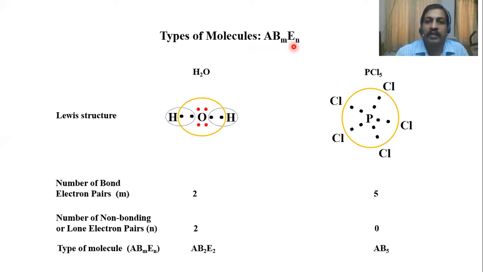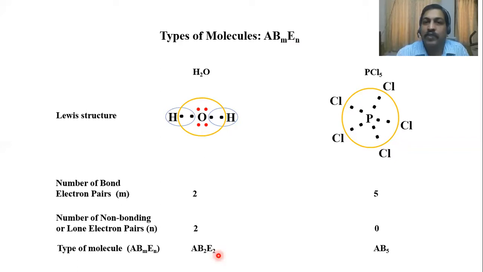In the case of the water molecule, we saw that there are two bond electron pairs and two lone electron pairs on the oxygen atom. So the water molecule is an AB2E2 type of molecule. It is B2 because there are two bond electron pairs and E2 because there are two lone electron pairs.